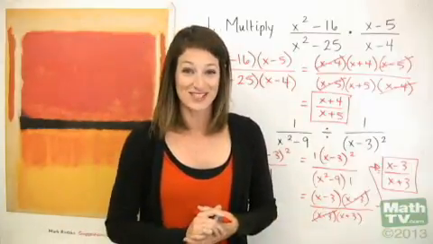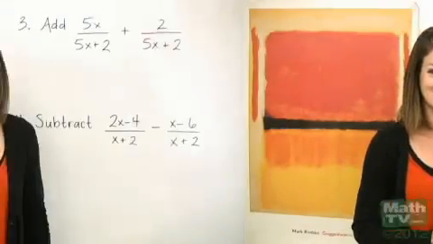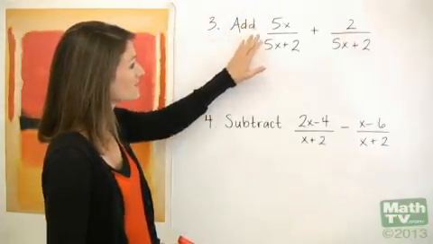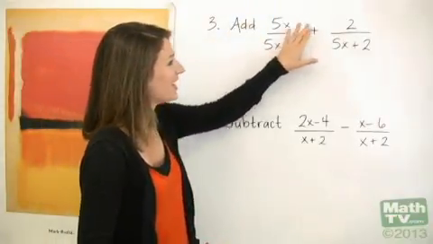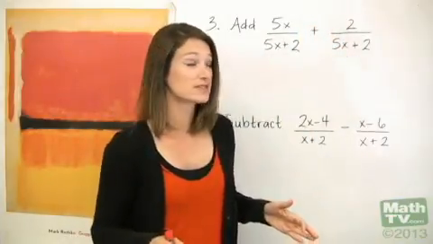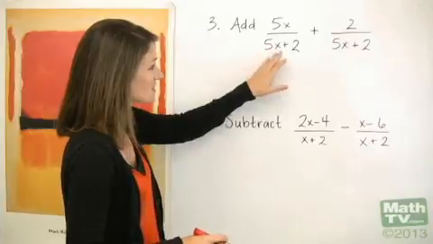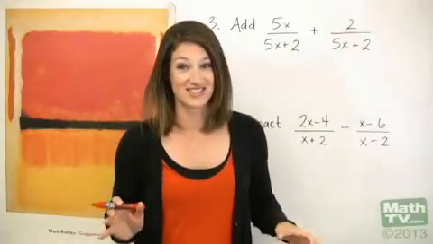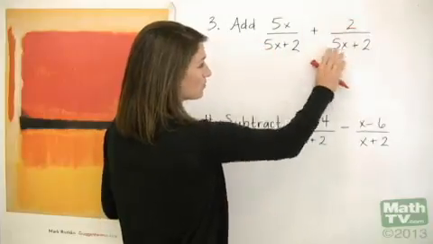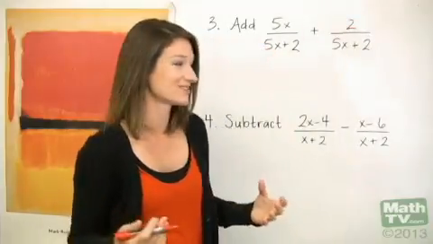Now let's move on to addition and subtraction. In this next problem, we're asked to add 5x over 5x plus 2 and 2 over 5x plus 2. The first thing you'll notice about these rational expressions is that their denominators are the same. So we can add our numerators and then put them over the common denominator to get our answer.